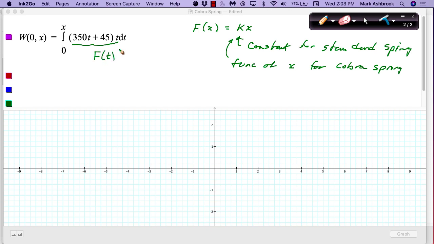For the Cobra spring, we found that the K value itself was variable, but to get the force, you need to multiply K times x, right? The force is K times x. So that was the rate function. That was the first question in the last problem on the web work.